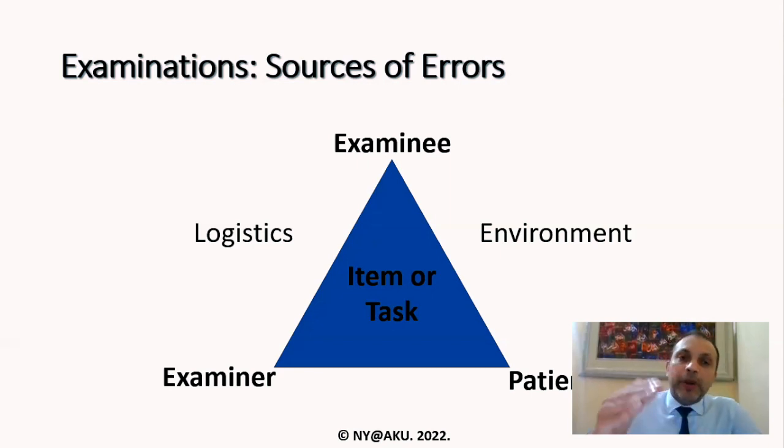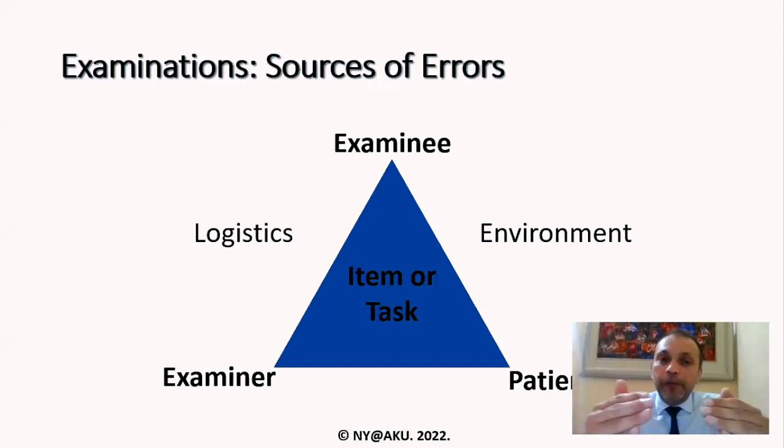So if the score is going higher for some candidate, it should be because the candidate is more capable, is more competent, not because the patient has favored and given out information easily, or the examiner was lenient.